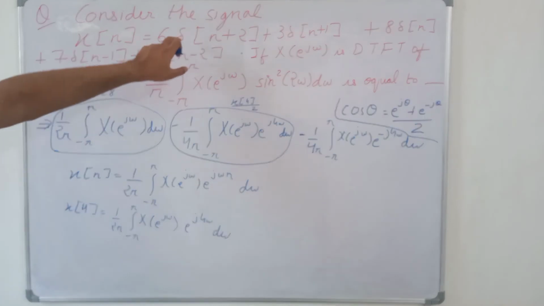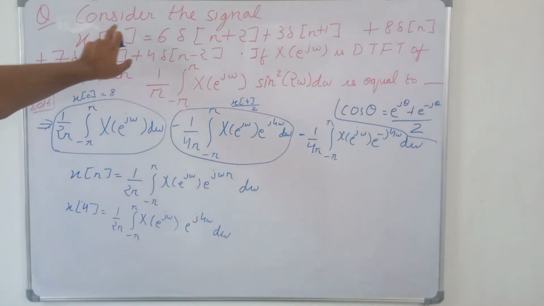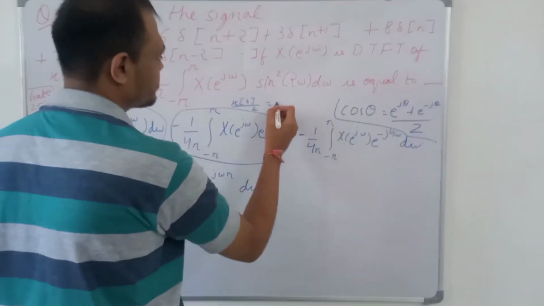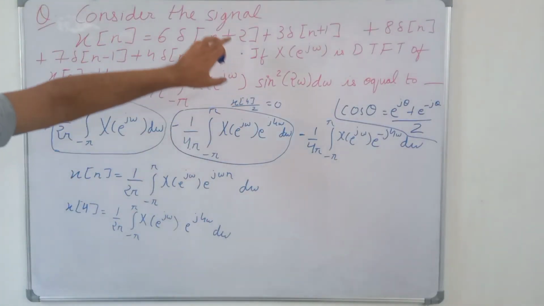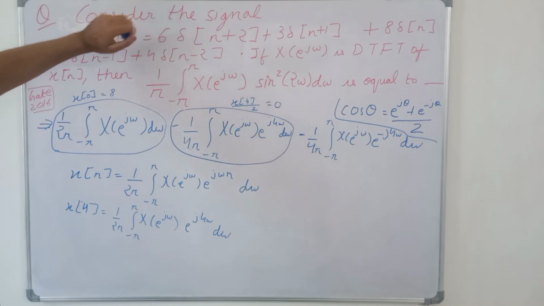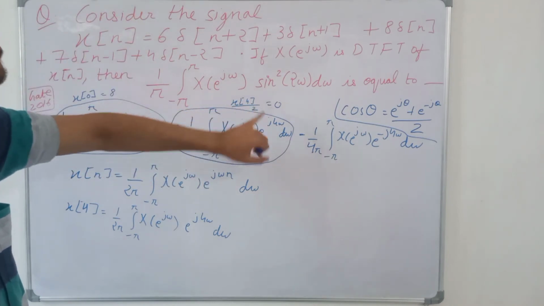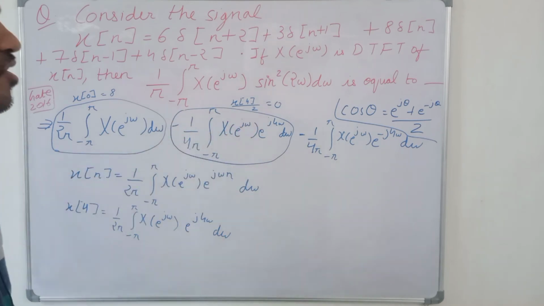But x of 4 is 0 here, because our x of n exists only from minus 2 to plus 2, and this value is at time 4. So this will be equal to 0.